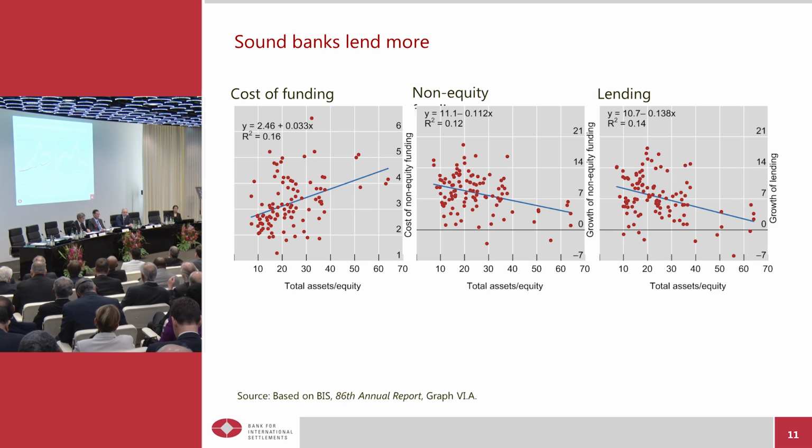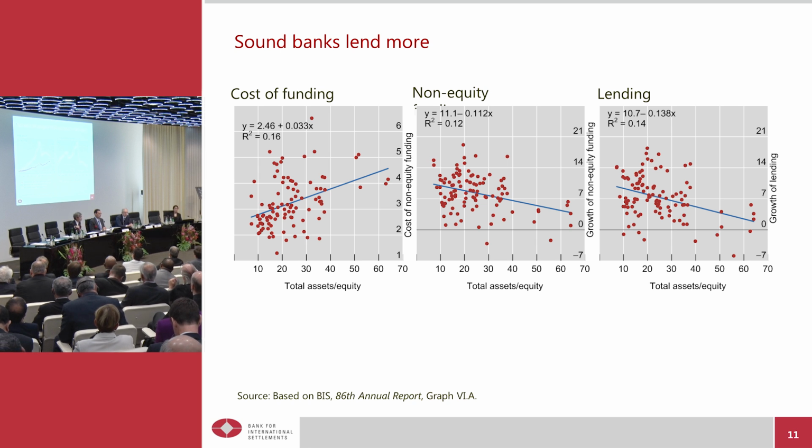Let me illustrate this point with this slide, which captures the relationship between bank equity and lending for a group of 105 advanced economy banks. The left-hand panel shows a scatter chart that plots the cost of a bank's borrowed funds against its overall leverage.